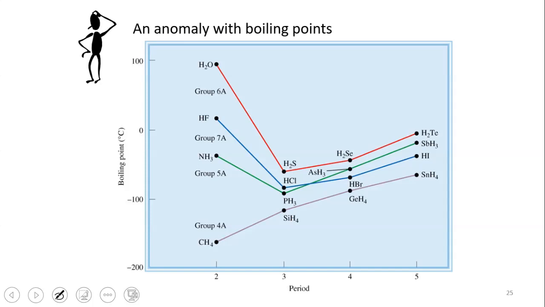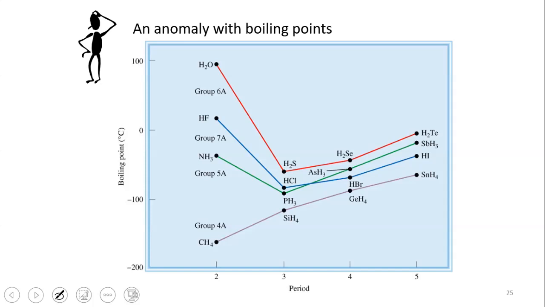And they searched and they found the boiling points of each one of these. And you can see the trends here. For each period, we're plotting elements in the 4th, 5th, 6th, and 7th groups in there, right? Group 7A, 6A, 5A, and 4A.